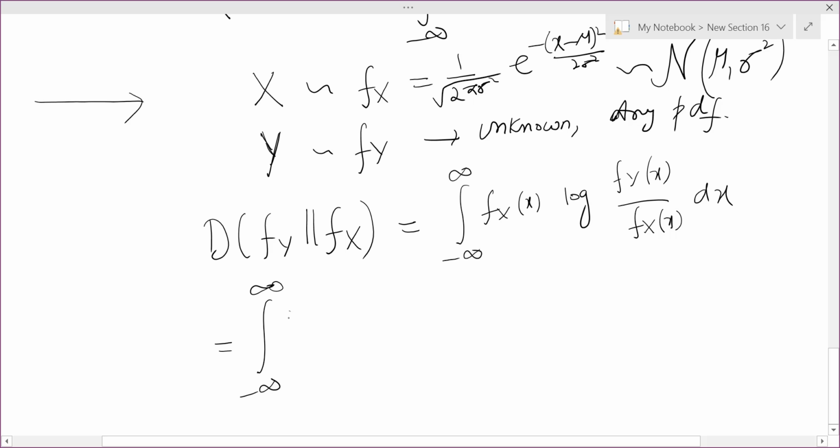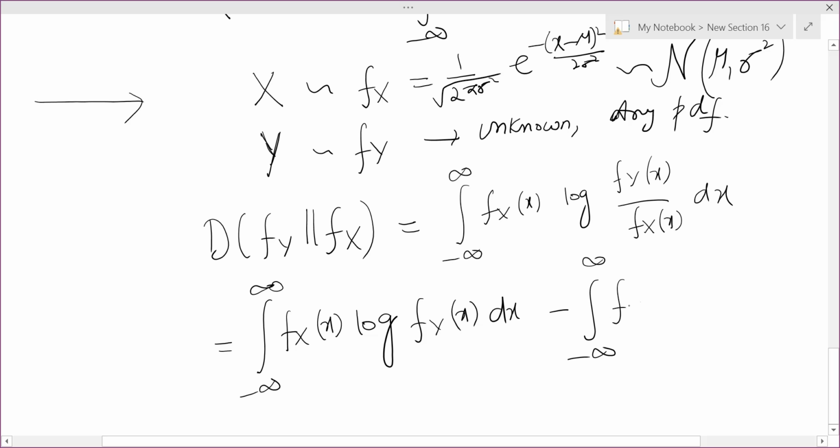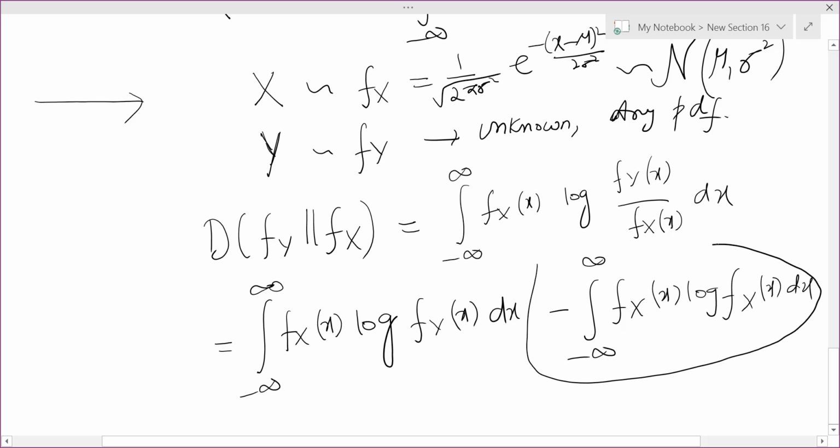So I will not change anything here, so it will become the integral of fx of x log of fy of x dx minus the integral of fx of x log of fx of x dx. What is this quantity?